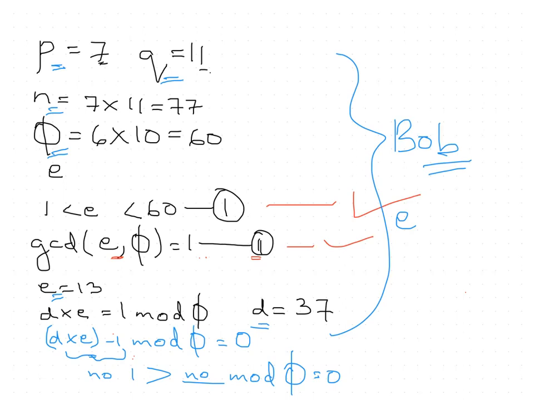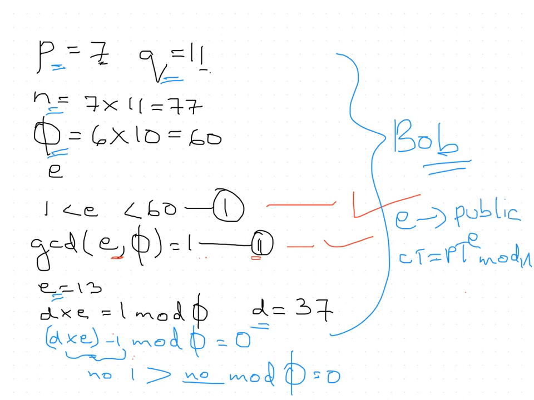and all the other parties on the network who intend to send a message to Bob will use E to encrypt the message. Therefore, you have the formula: ciphertext is equal to plain text to the power of E mod N, which means that E is nothing but a public key.